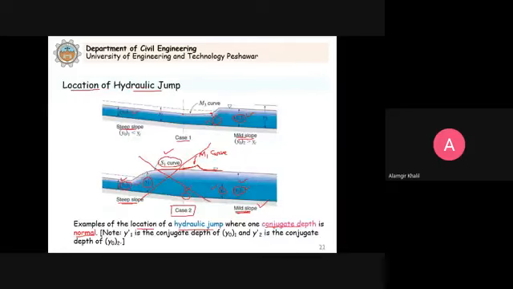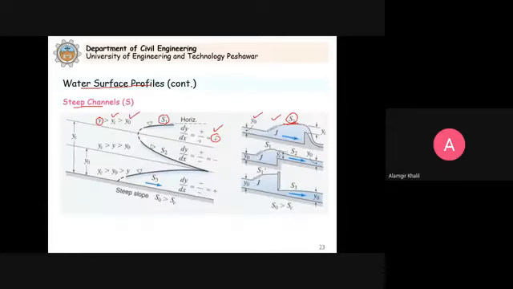So that's why in here, this depth will now increase to y2 dash, which is the conjugate depth of y02. So it means that we will have a rising curve here. This is a rising curve, and it is M3 curve. It is okay. Why? Because this is exactly similar to this case here.